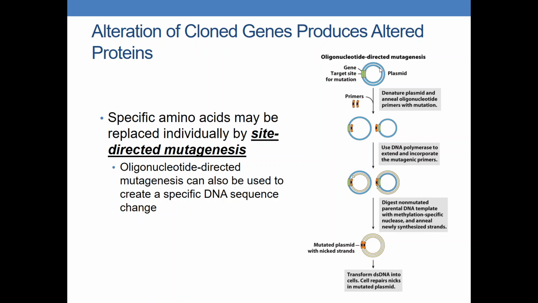What you need to do first is denature the plasmid to separate the two strands, and then you're going to anneal primers to the region of DNA that you are interested in. These primers are going to prime to your gene of interest, but the primers should actually contain the mutation that you are interested in.